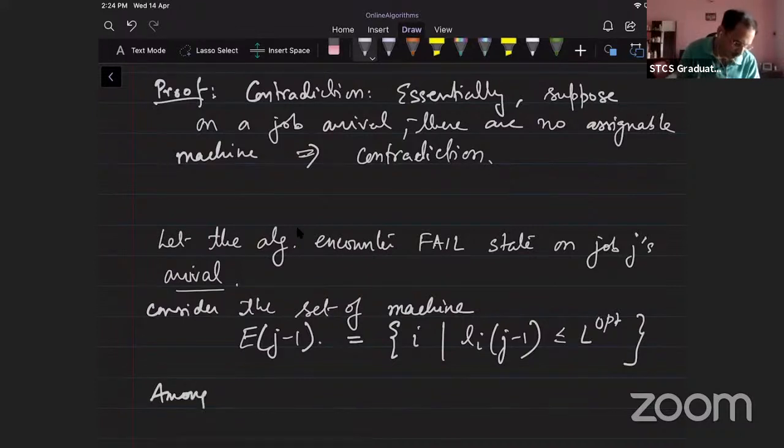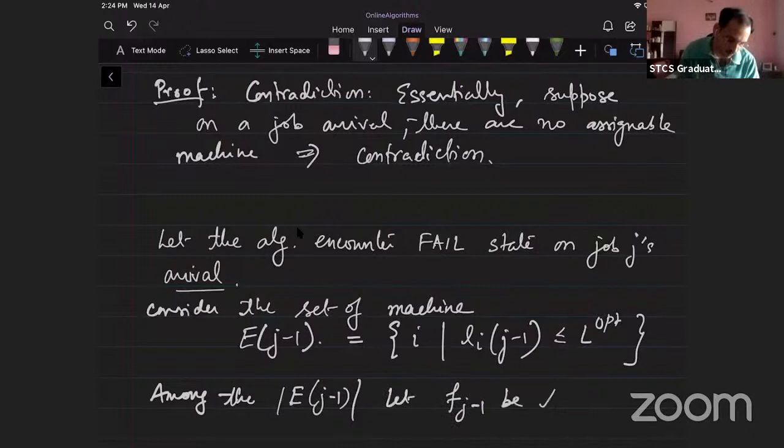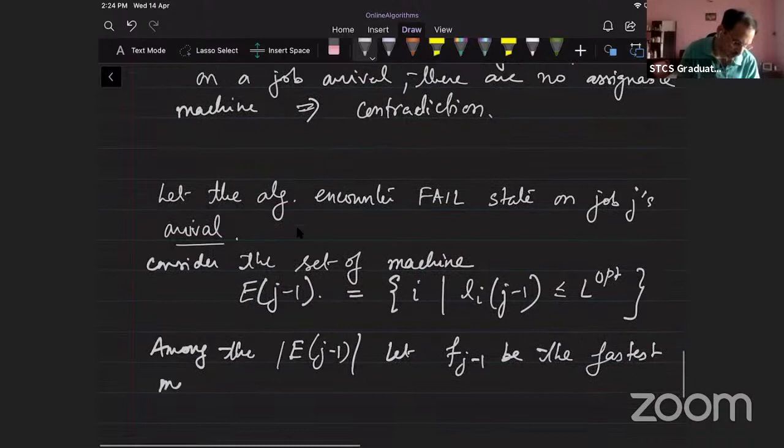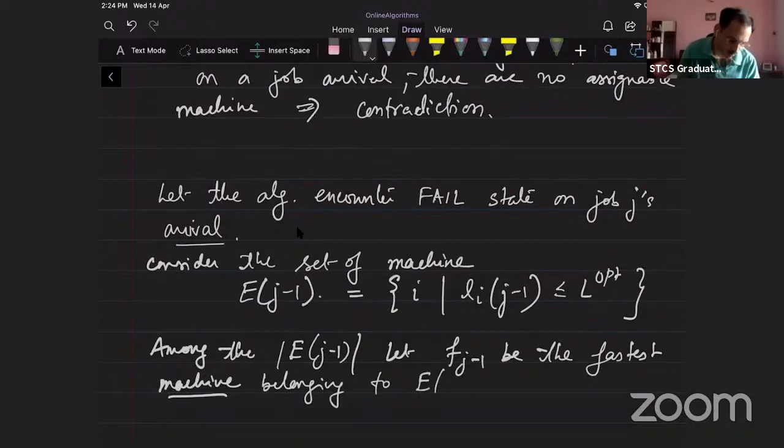And among such machines, let F_{J-1} be the fastest machine belonging to E_{J-1}.